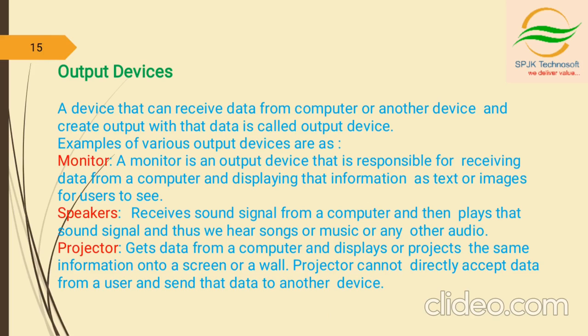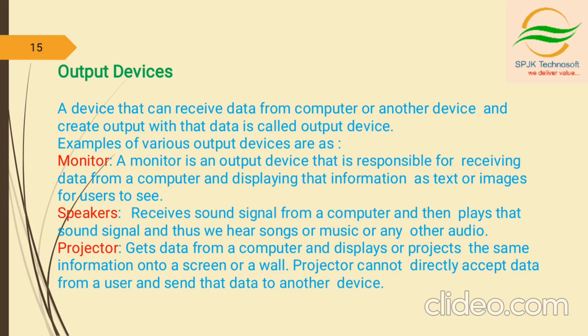Speakers. Speakers receive the sound signal from your computer, then play that sound signal, and thus we hear songs, music or any other audio. Projector gets data from your computer and displays or projects the same information onto a screen or a wall.